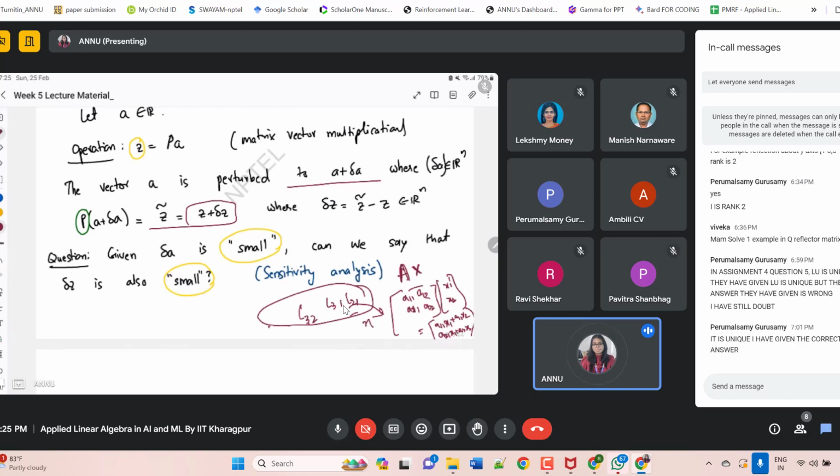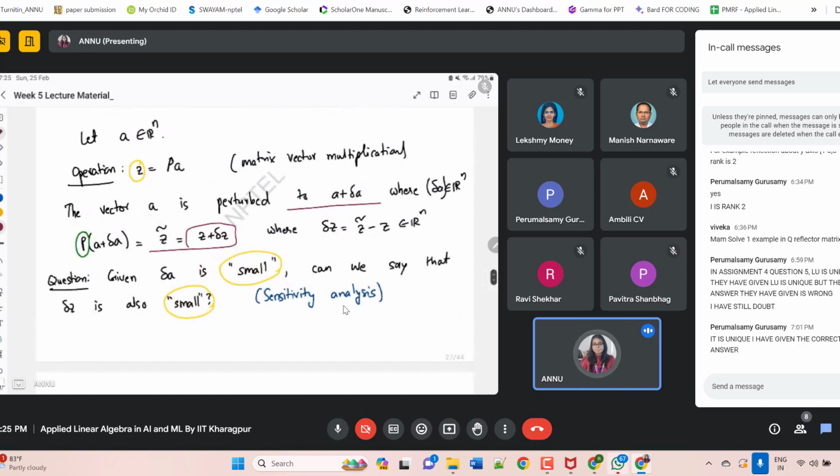We need to make sure this accumulation of error stays within a bound, and this is where the condition number comes into the picture. That is very straightforward. And the reason we are so focused on orthogonal matrices is that their condition number is 1, which is the minimum.